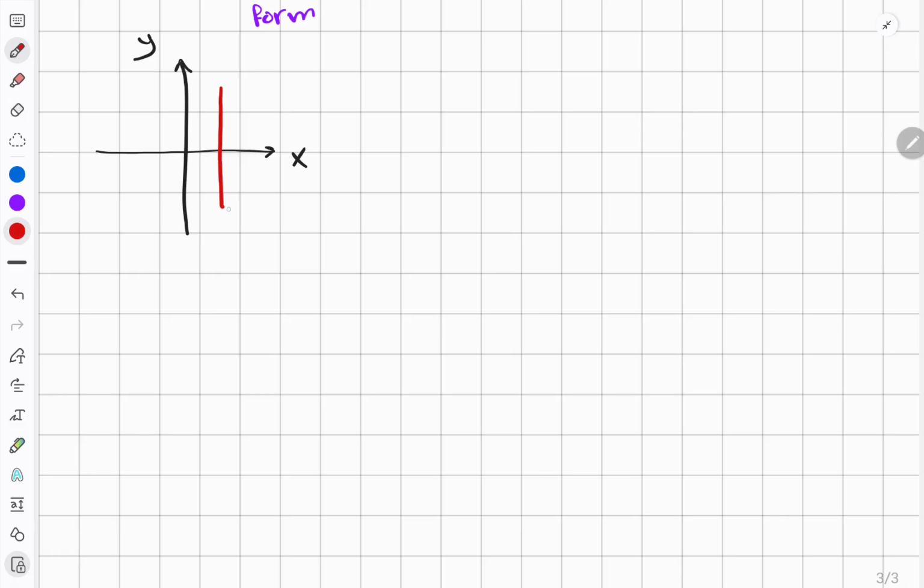And in previous sessions, we found that the gradient of these vertical lines are undefined. So the gradient is undefined. We talked about it before.